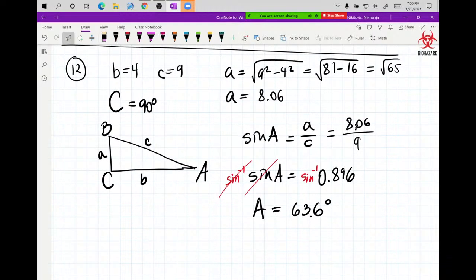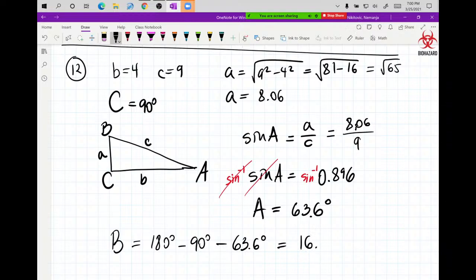We used the Pythagorean theorem to find the third side, and then we used literally any trig function of any angle to find either A or B. We found A, so B is going to be 180 degrees minus 90 degrees minus 63.6 degrees, and that's going to be 26.4 degrees for angle B. And then I have my 6: 1, 2, 3, 4, 5, 6.